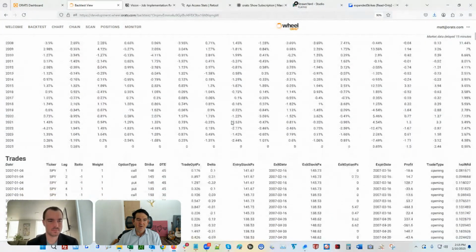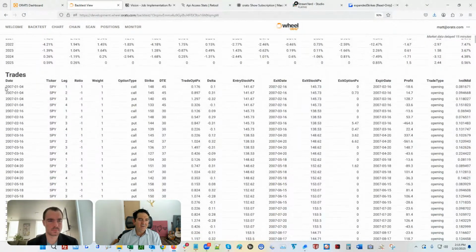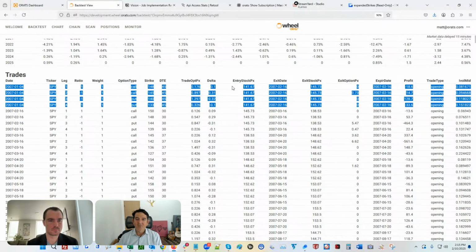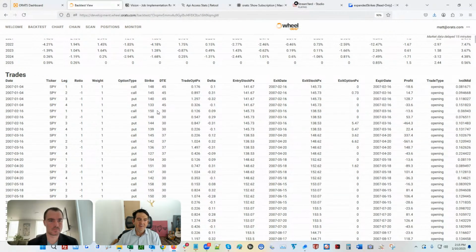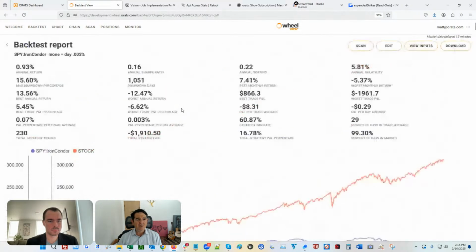And then you could see, way back in 2007, when the SPY was 141, it was $3 wide. So that's only $300 minus what you get in premium is the margin there. What I like to look at is our P&L percentage per day, because this is in the market 99% of the time.